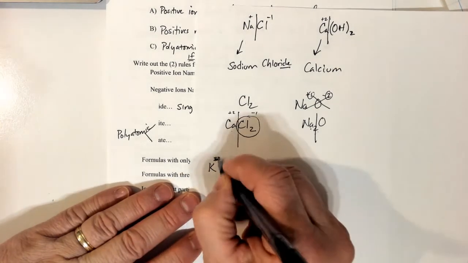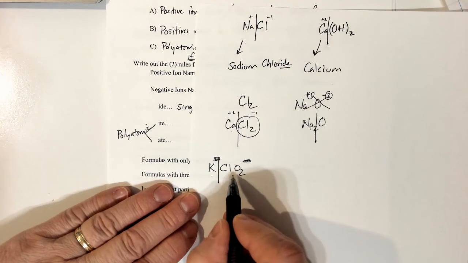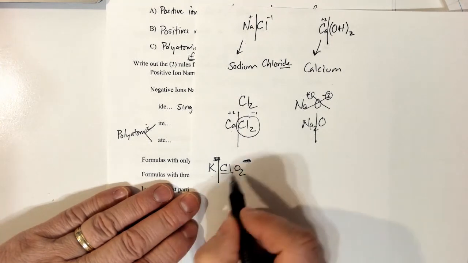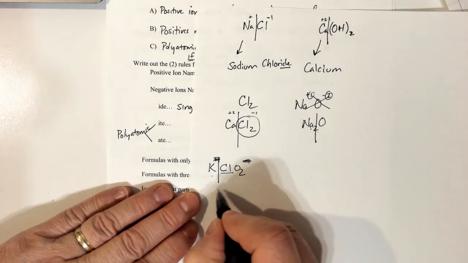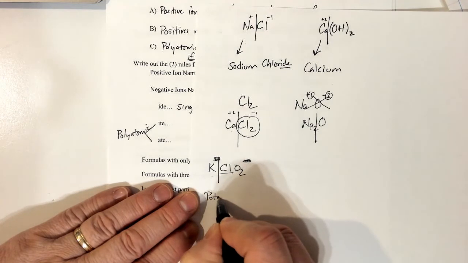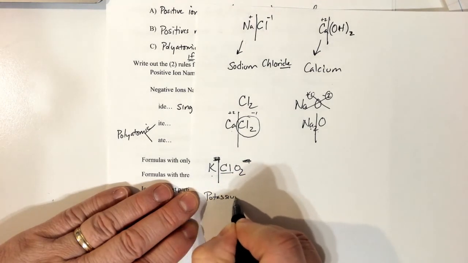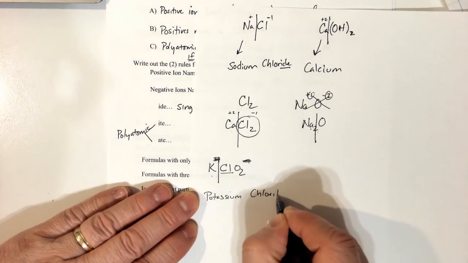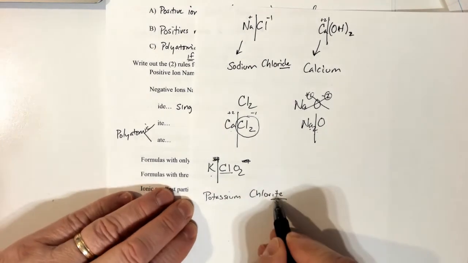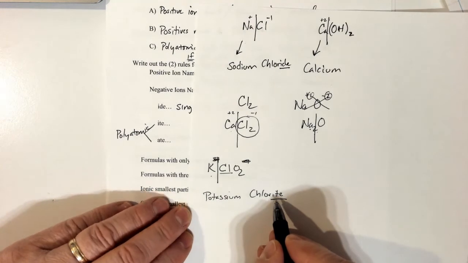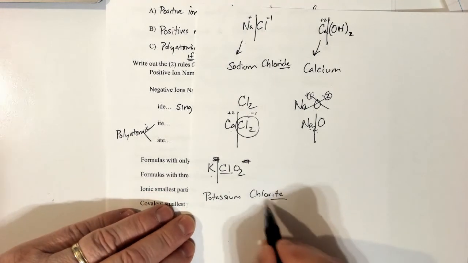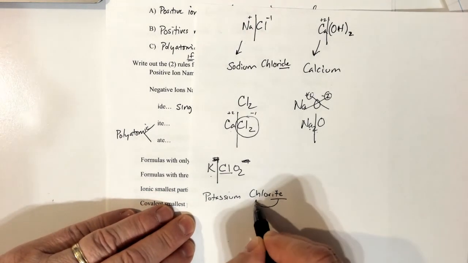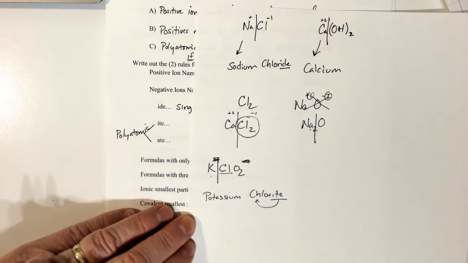This would be called potassium chlor from chlorine, and then since it's got oxygen, it'd be called potassium chlorite, okay? So the potassium doesn't change its name, but then this is called chlorite. And the word ite at the ending means that there's oxygen attached to the chlorine somehow.